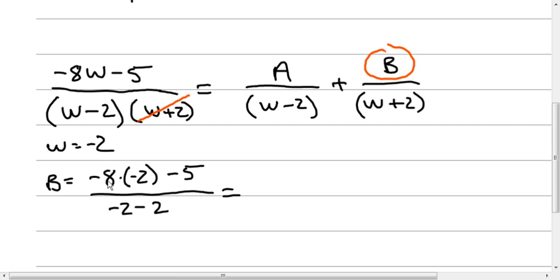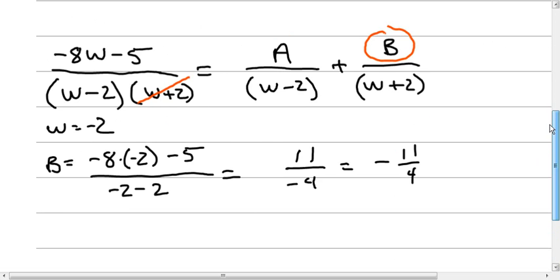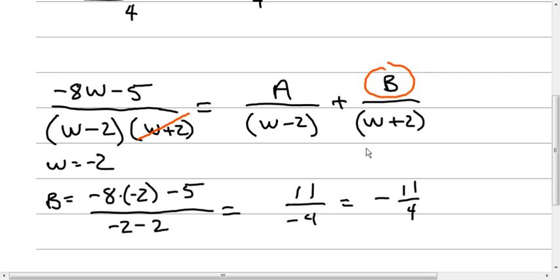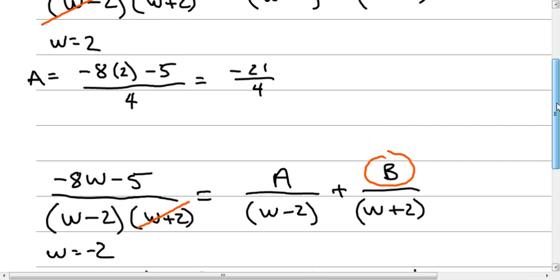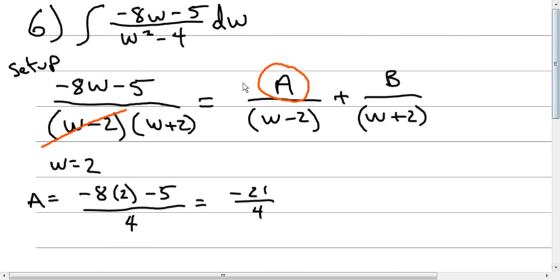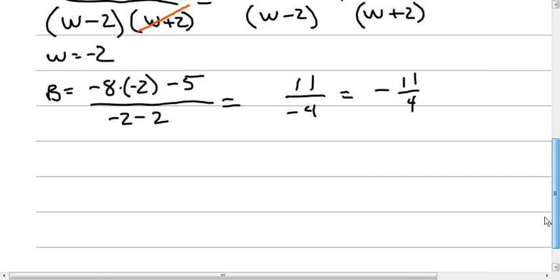And this is going to be equal to 16 minus 5, which is 11, over minus 4, which is equal to minus 11 fourths. So we have B and A solved for. We go back and plug into this equation and integrate. That's going to be pretty easy to do.